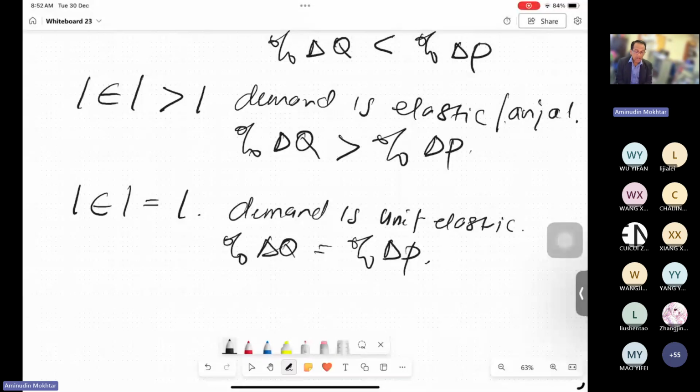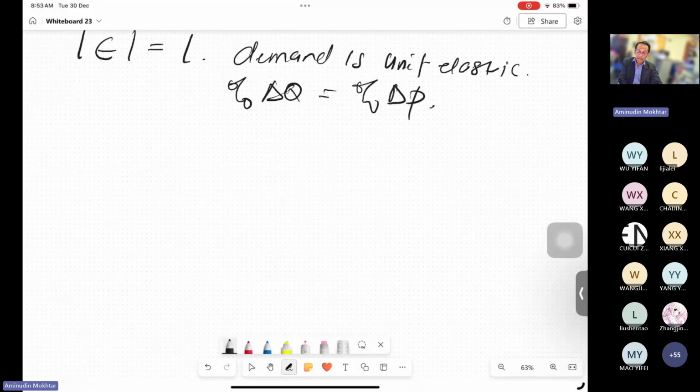Okay, that's the background of the elasticity. Let's take one example here. Please refer to page 5. Let's say we have a demand function here: P equals 20 minus 0.2Q.